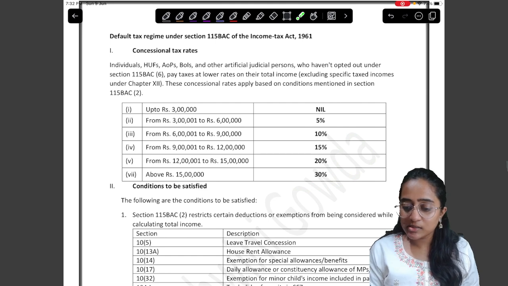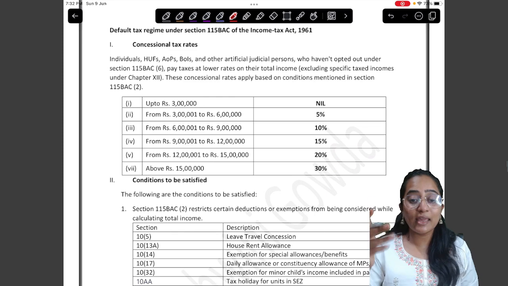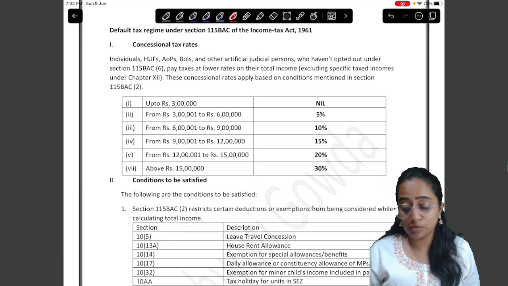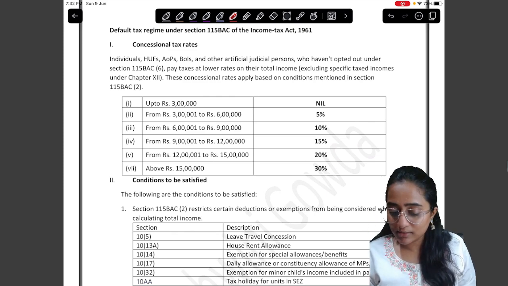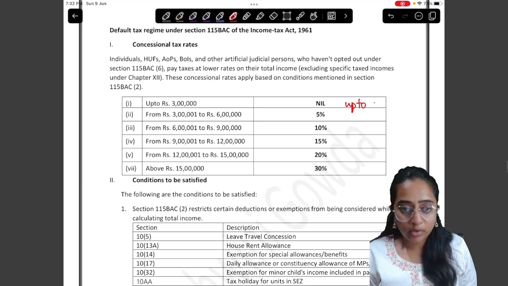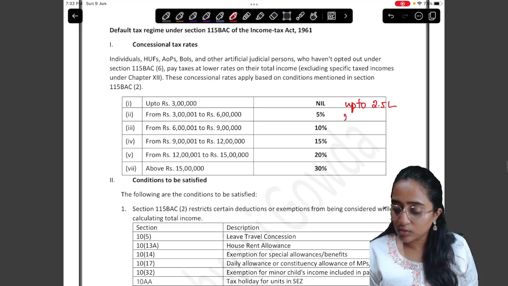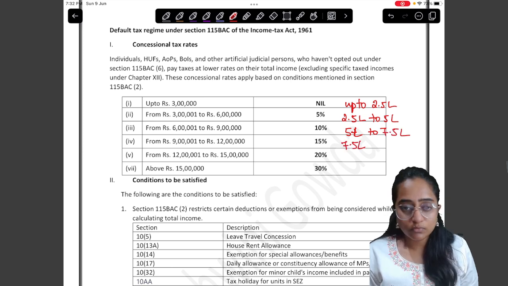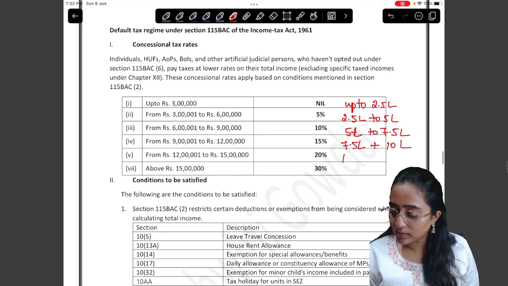People, why such rates? Before the 3 lakh exemption was introduced, this 115BAC was like this: up to 2.5 lakh, then keep adding 2.5: 2.5 to 5, 5 to 7.5, 7.5 to 10, 10 to 12.5, 12.5 to 15, then above 15.